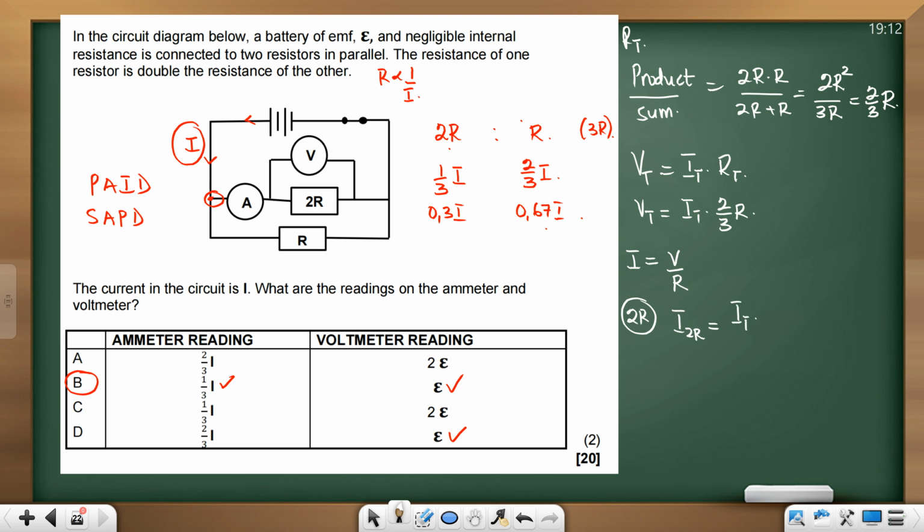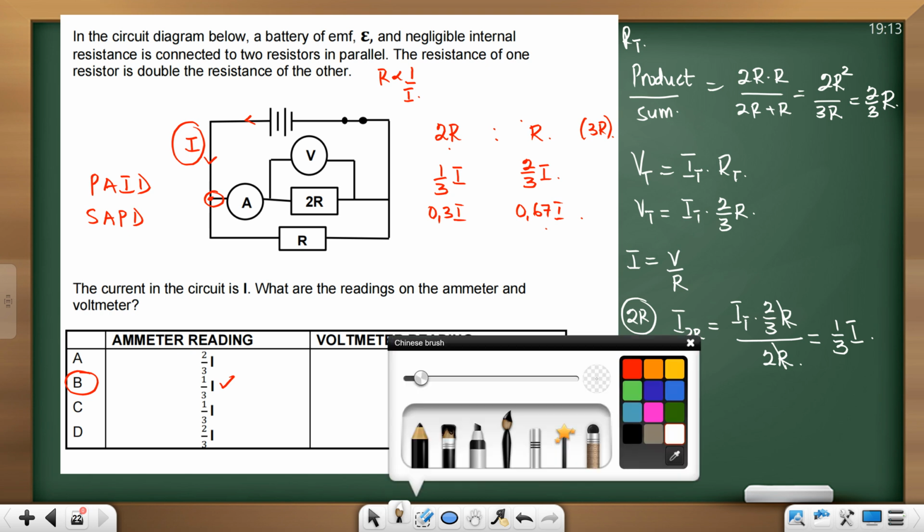I total multiplied by 2/3R, divided by what? What's my R? 2R. This R will cancel the R. What is 2/3 divided by 2? 1/3. You can check on your calculator. Can you see that I come back to my answer? This is me using calculations.